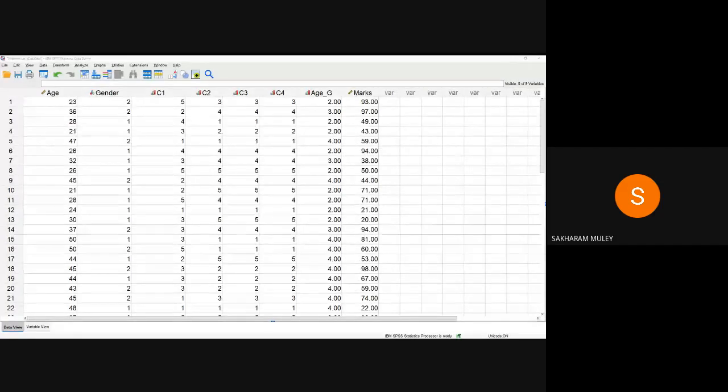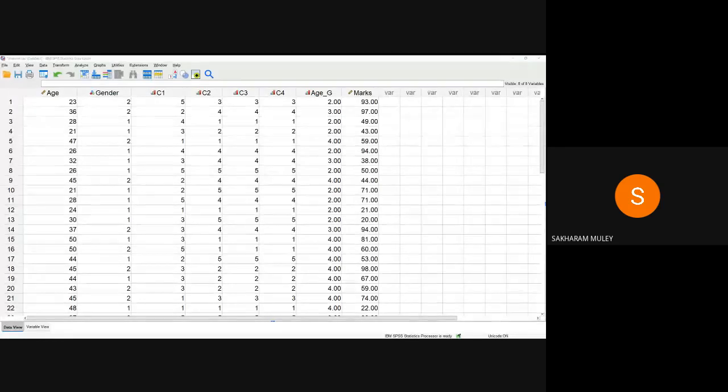The null, I'm writing H naught, as there is no significance of difference between average marks when compared between male and female.